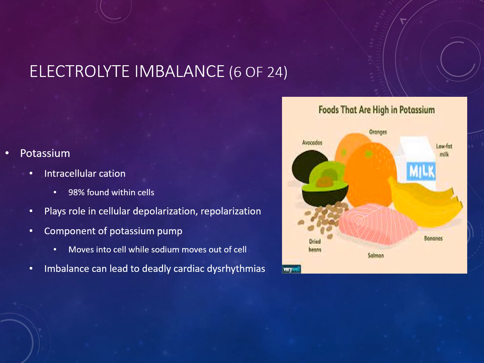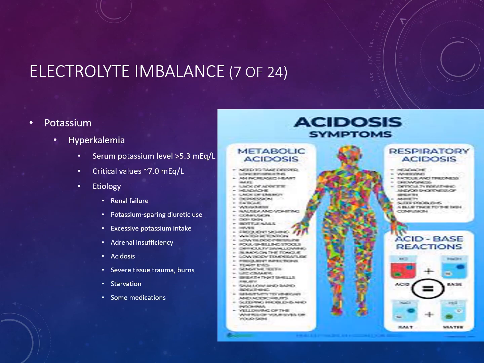We know it plays a role in cellular depolarization and repolarization, and this occurs with the pumping action of the heart. So you will get that when we get to perfusion in 211. It talks about the potassium pump, where potassium moves into the cell while sodium moves out of the cell. Remember, you got to have that balance. You can't have too much of both.